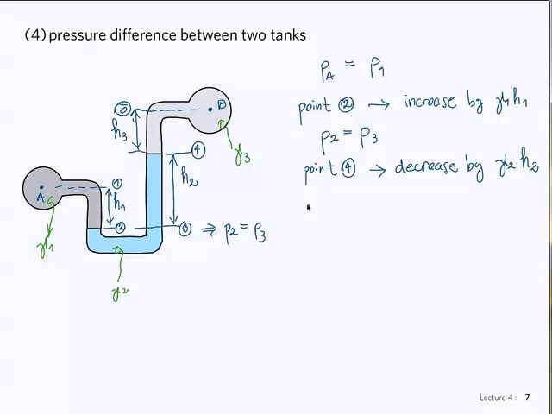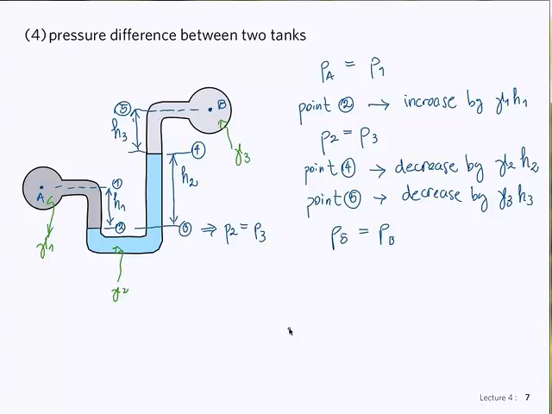So at point 5, we decrease by gamma 3 H3. It's gamma 3 over here, the third liquid. And then 5 is equal to B, right? Same fluid, same elevation. So P5 is equal to PB.